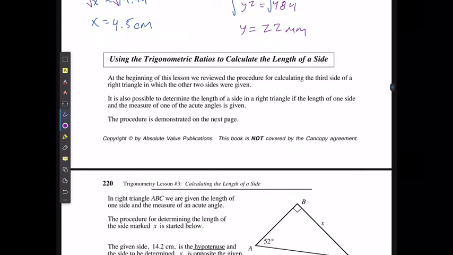If I'm using the trig ratios to calculate a side length, at the beginning we reviewed the procedure for calculating the third side if the other two sides are given, but it's also possible to use a side length as well as an angle or a ratio in order to solve the missing side.